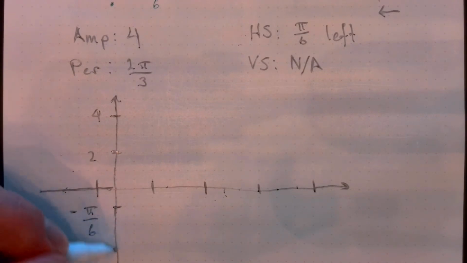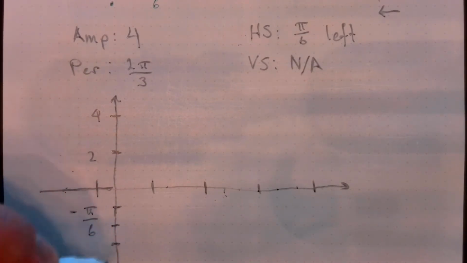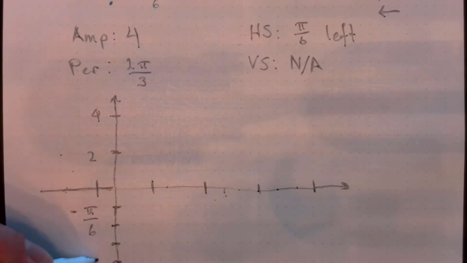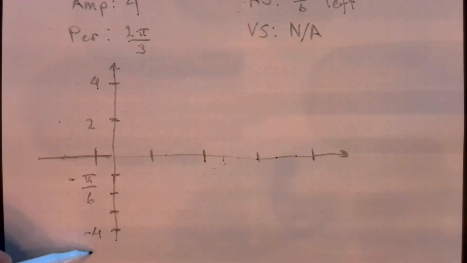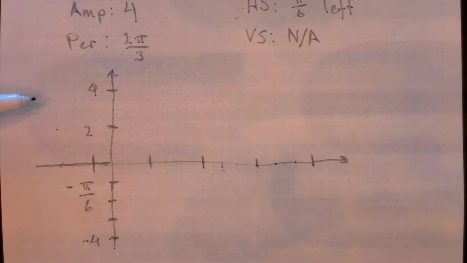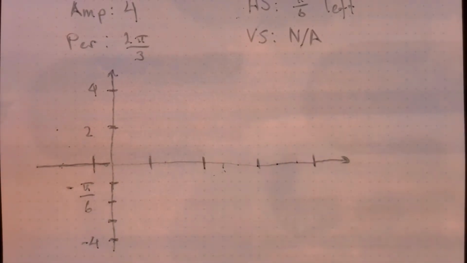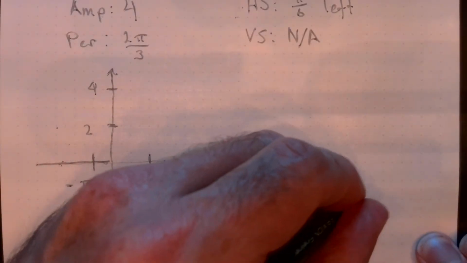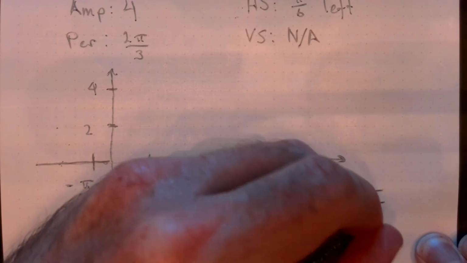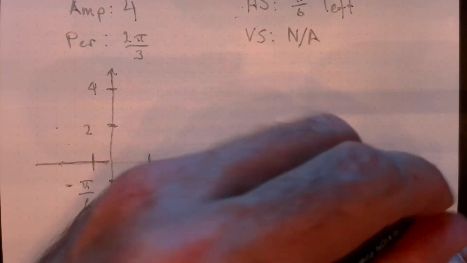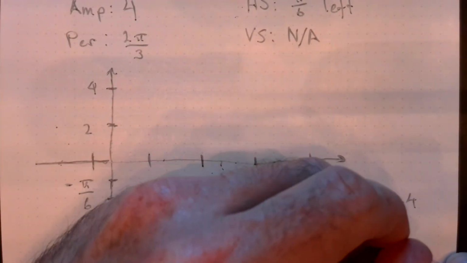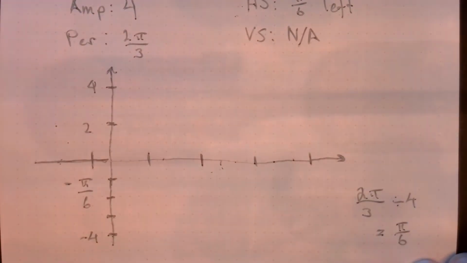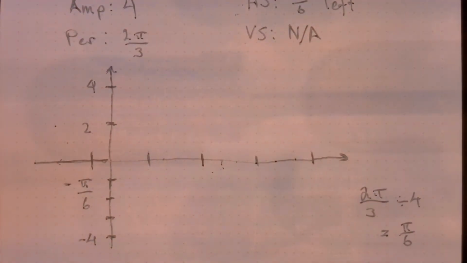My amplitude was 4, so my graph is going to live between negative 4 and positive 4 on the y-axis. Okay, now if I take that 2 pi over 3 and divide it by 4, that's going to give me pi over 6. Okay, 2 pi over 12 or pi over 6.